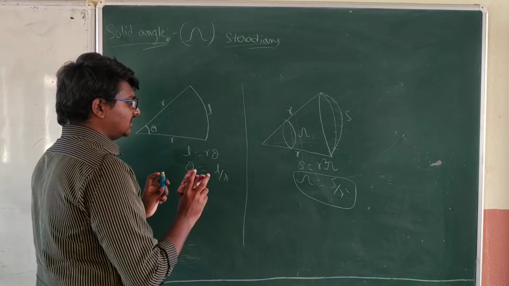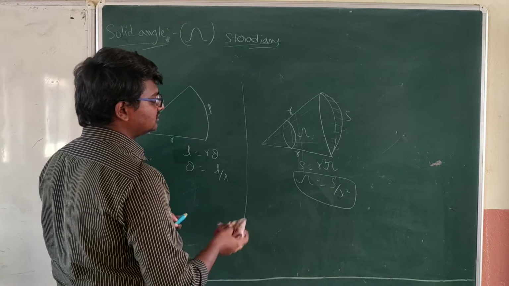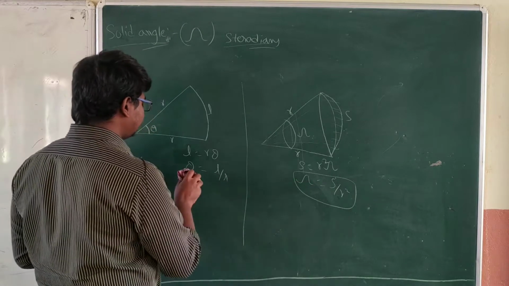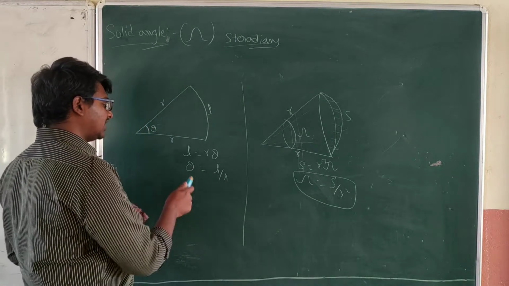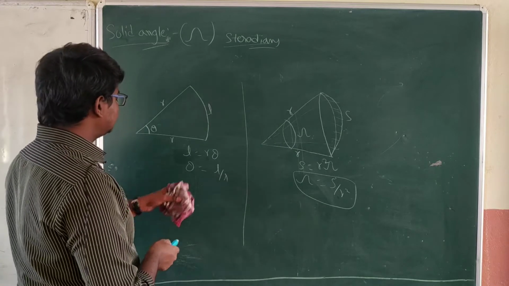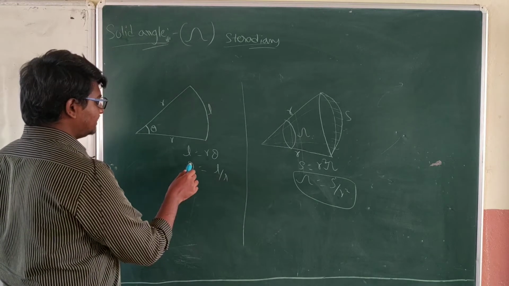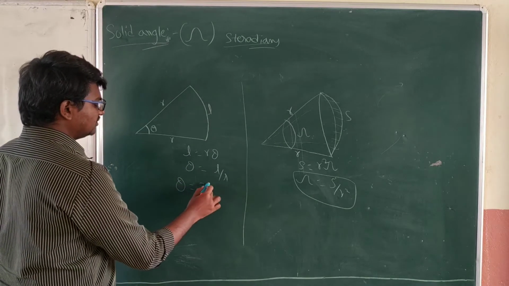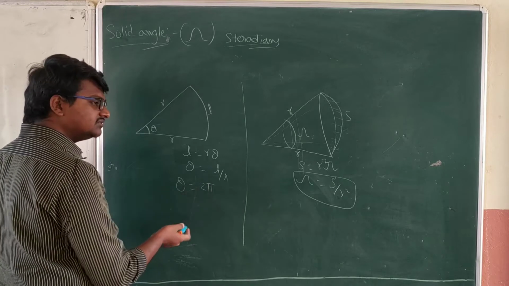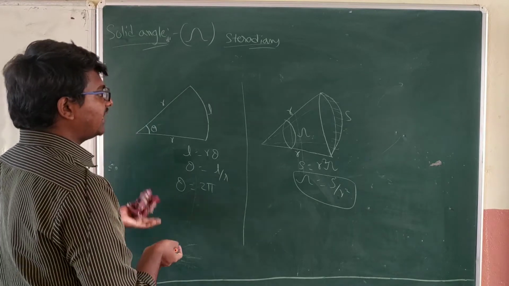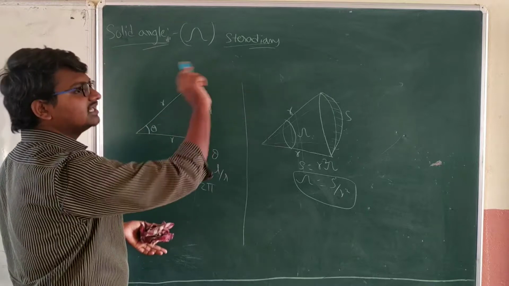Let's understand this one still more simply. What is the maximum possible angle for theta? The maximum possible angle for theta will be equal to 2 pi. It lies in between: minimum is 0 and maximum is 2 pi, means a complete circle.